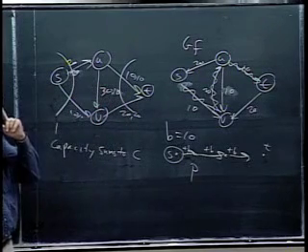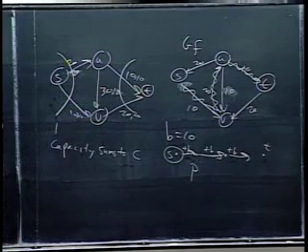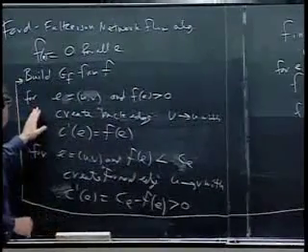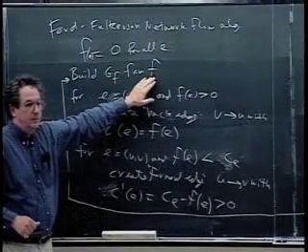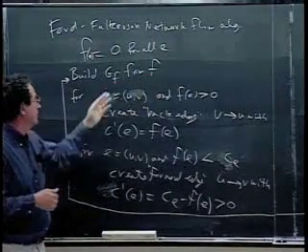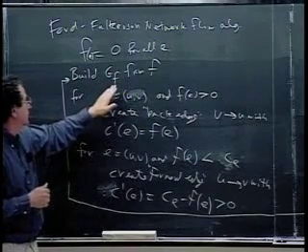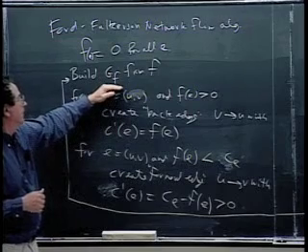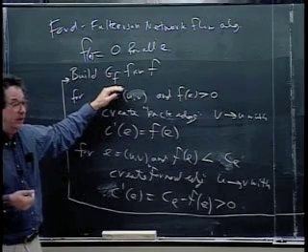And how much time does it take to implement each iteration? If you look at this part of the algorithm, you have to build the residual graph from the existing flow. Even if you do it in a fairly straightforward manner without any smarts or cleverness, you can build the residual graph in time proportional to what it takes to look at every edge in the graph.